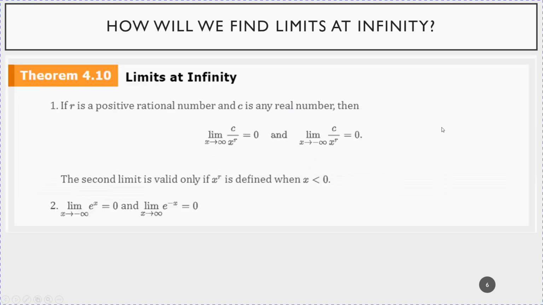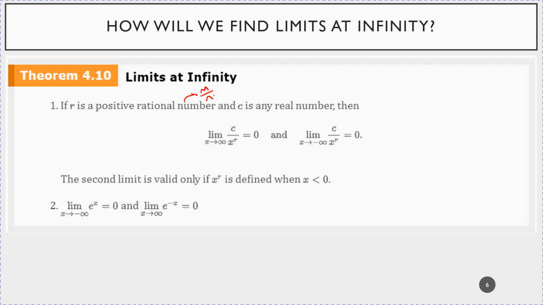Okay, the main method we're going to use for evaluating these limits, and this one's going to come up a lot, goes like this. If r is a positive rational number, so just remember what a rational number is, and c is any real number, think of it as a constant, then if you have the limit as x goes to infinity of a constant divided by x raised to any positive rational number, it's going to be equal to 0.